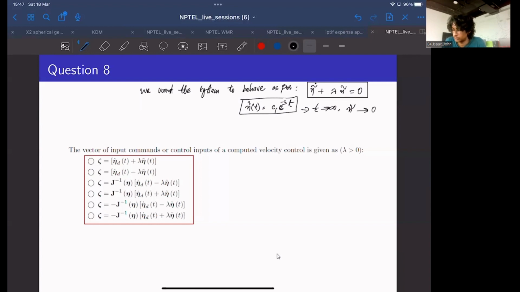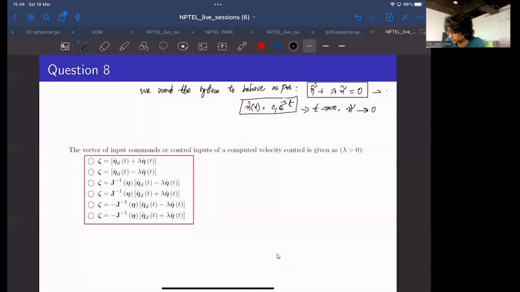So the solution for this differential equation is this one. From the solution, it can be fairly seen that as time tends to infinity, the tracking error would tend to 0. It's fairly evident.